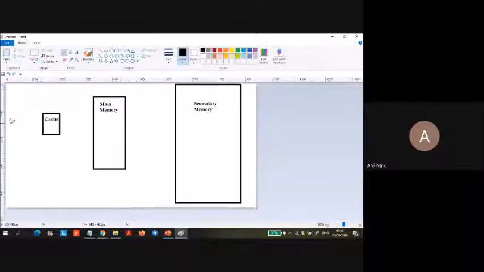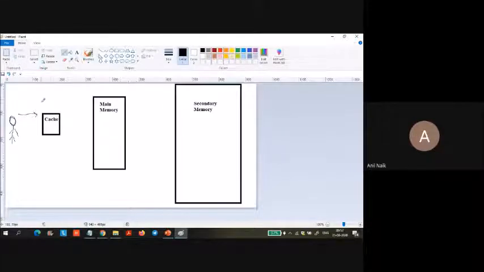Here the user accesses the data, searches the data. When the user searches the data, first it searches in the cache memory. So these are all types of memories: cache, main, and secondary. Initially it searches in the cache memory.